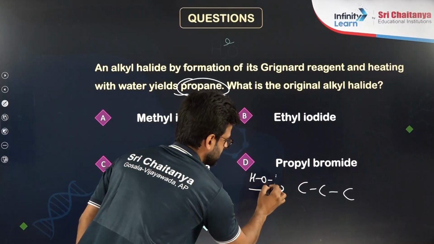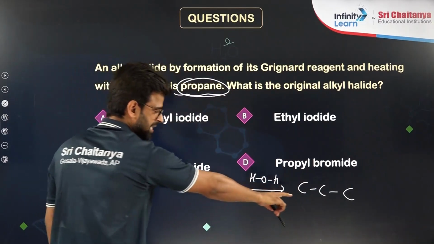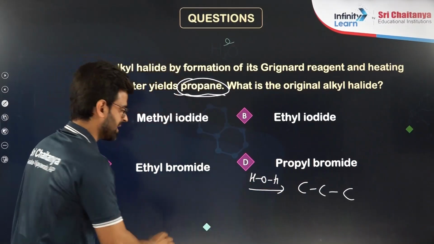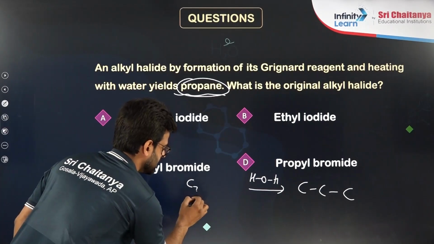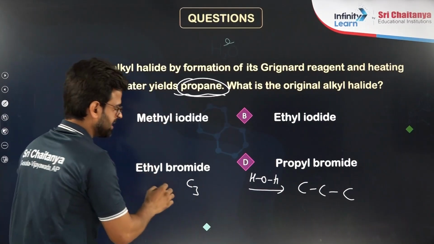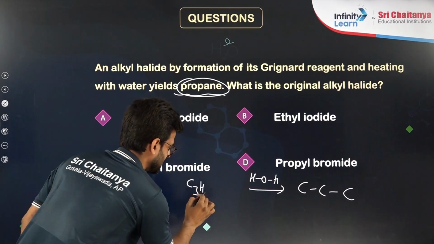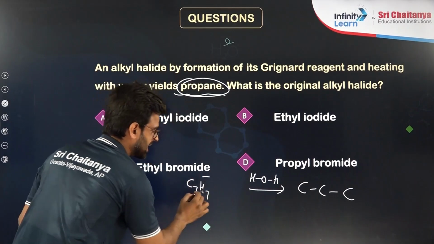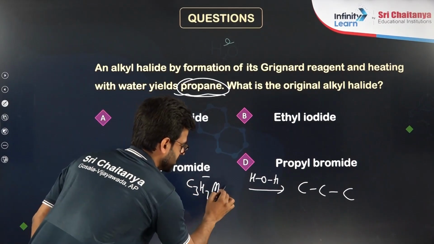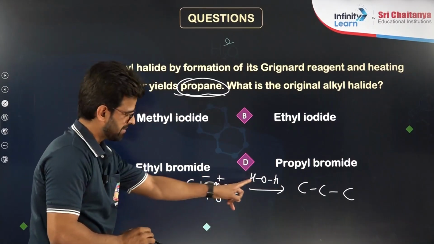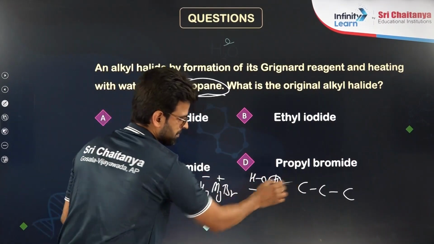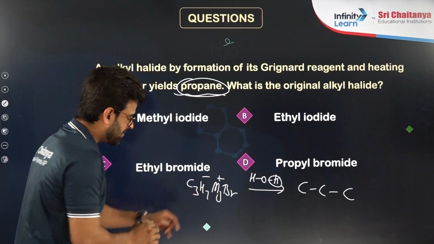Water has acidic hydrogen. From Grignard, if you are making the propane, definitely here you will have C3H7 negative. This is our R negative, and here we have MgBr. Because this will take H from here and will make propane, right? And from where we can make this?